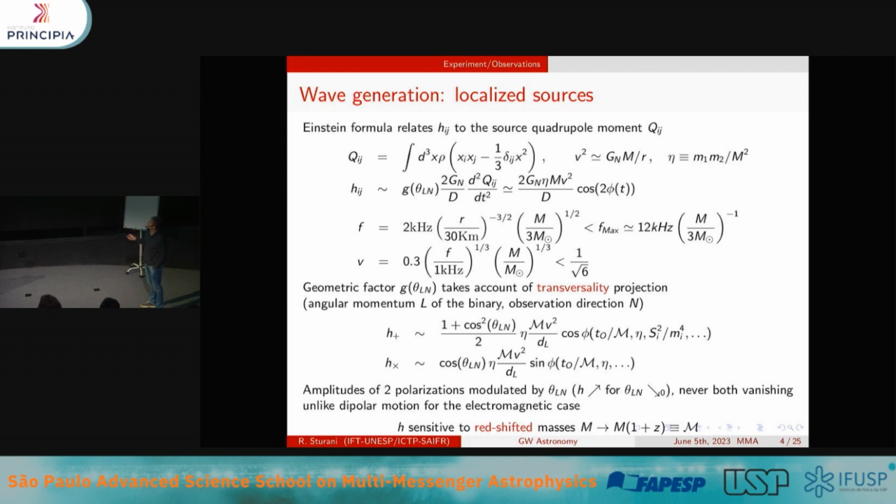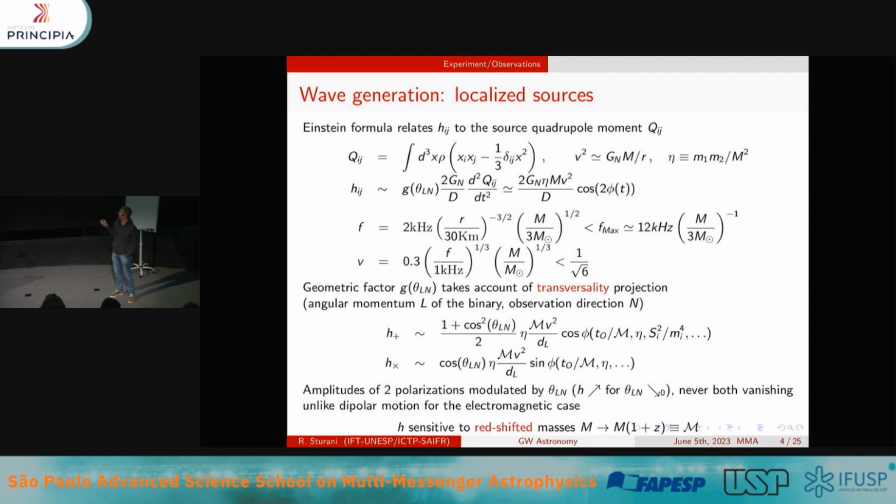From the amplitude, you get this combination of distance and angles. So if you have an independent measure of the two polarizations, we measure h plus and h cross, and so you measure theta and distance. If you measure only one combination of the two polarizations, then there is a degeneracy.